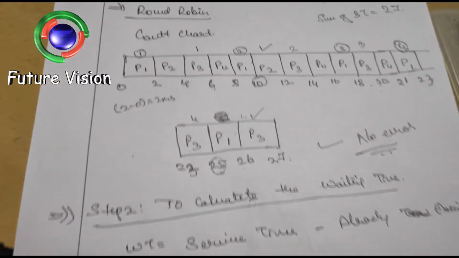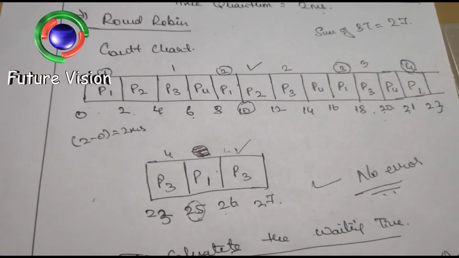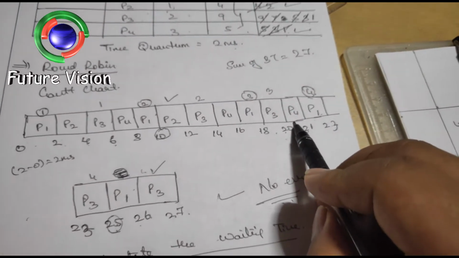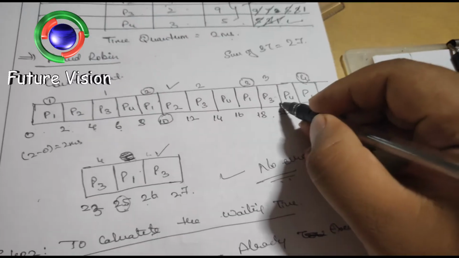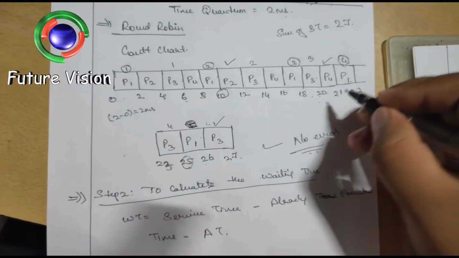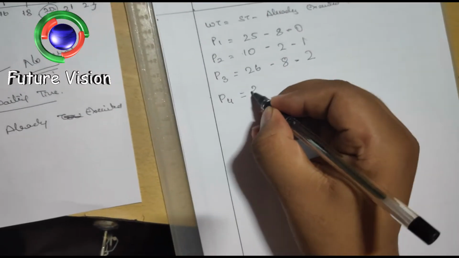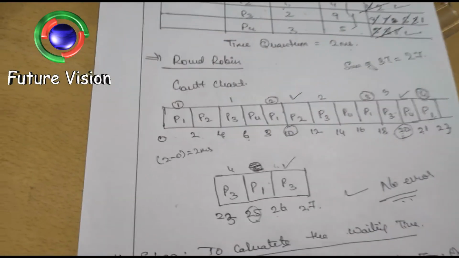Next P4. We have the largest here, so I consider the service time of P4 to be 20. Just write it here, 20 minus the already executed time.